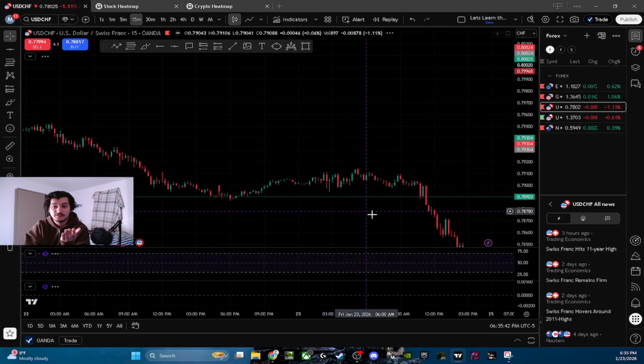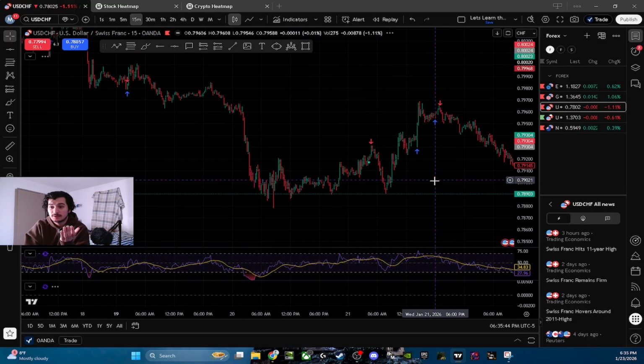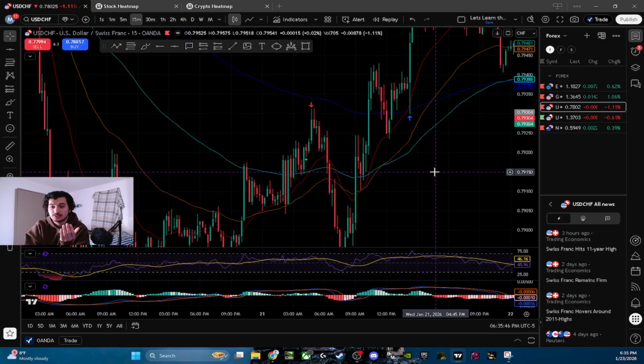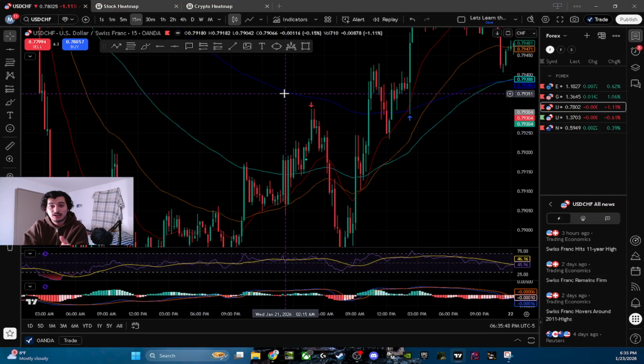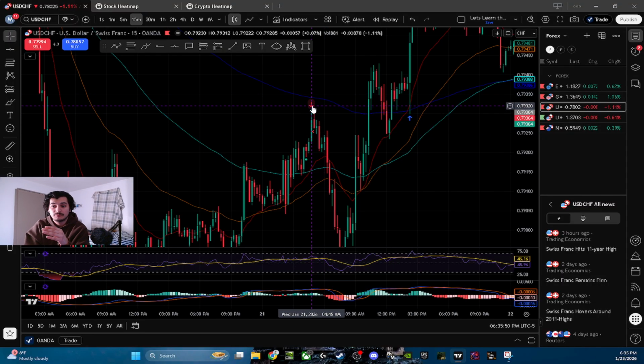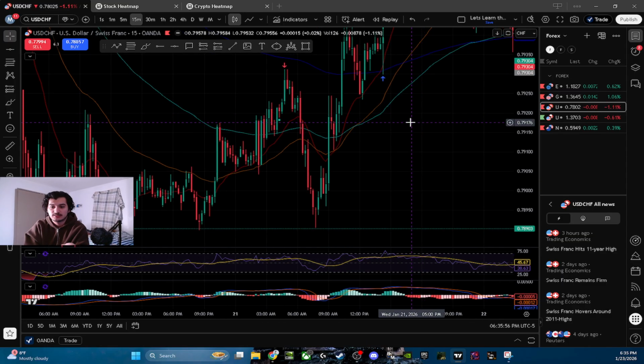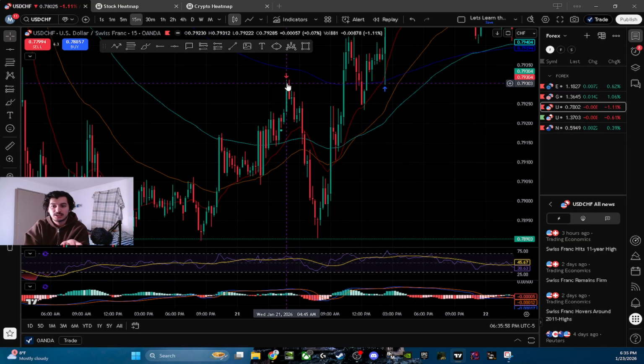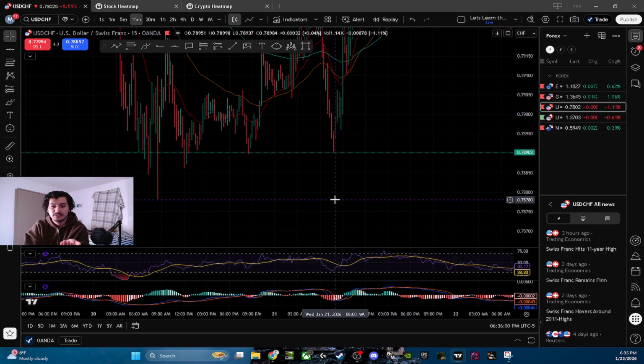We can go on the 15 minute. You can see how clean my entering was. You can see that on the 1 hour it was the 50 EMA, but on the 15 it's the 200 EMA. And I was correct. It did reject, but I had my TP down here, not on these lows here.